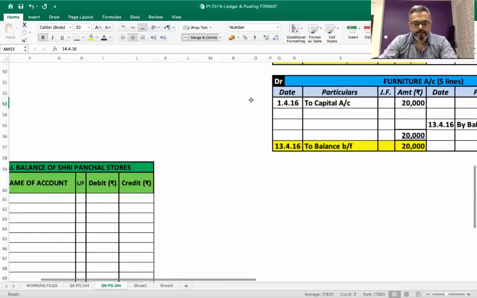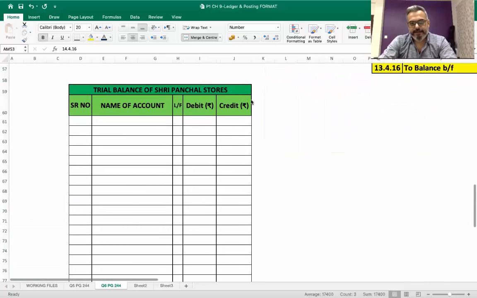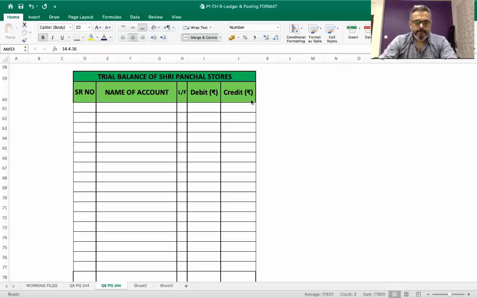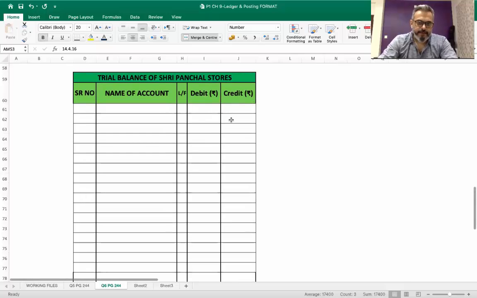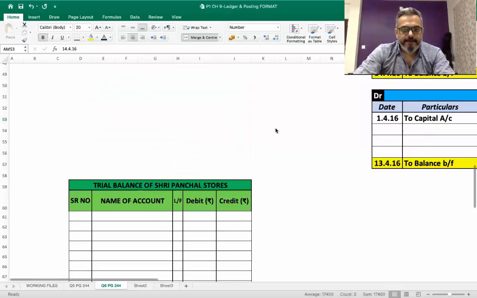If not, then make 15, 17 lines. Maybe more, I think around 20 lines you make a trial balance because there are around 15, 16 accounts. So let's go for the trial balance now.